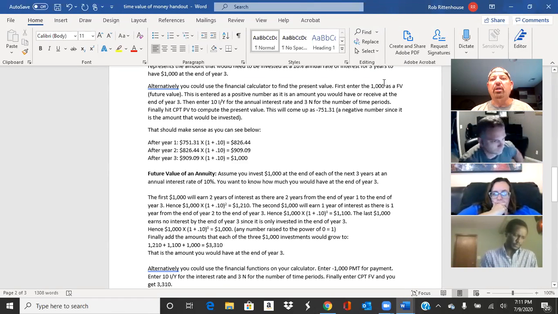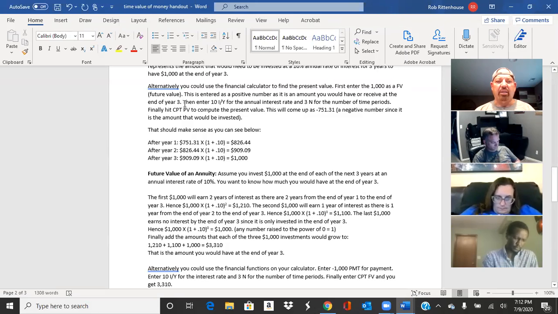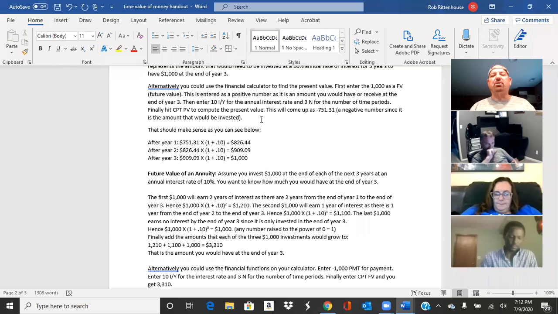alternatively, now that we cleared it, we could put 1,000 in as a future value. You can enter it as a positive number because you would assume you're receiving it at the end of year 3. Then enter 10 I/Y, because again, we're assuming a 10% annual rate of interest just for simplicity.